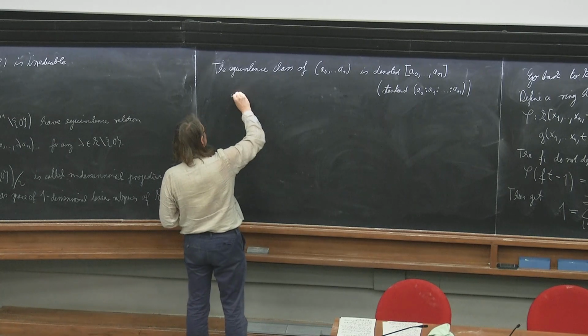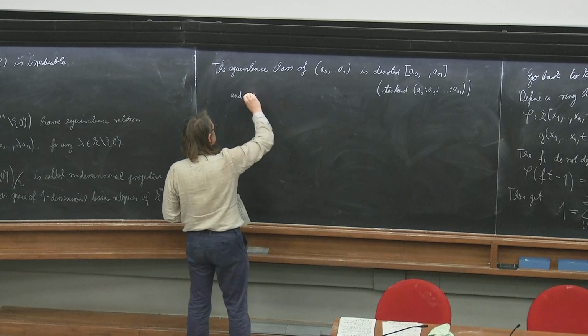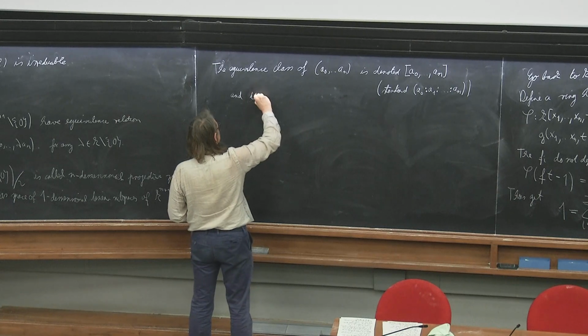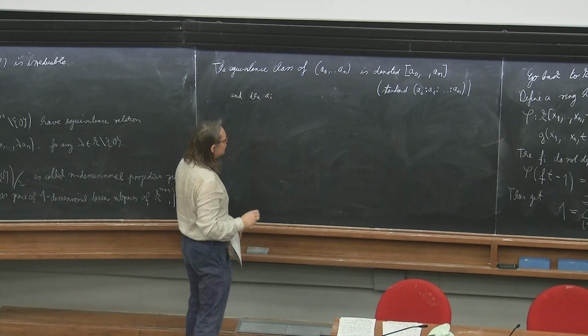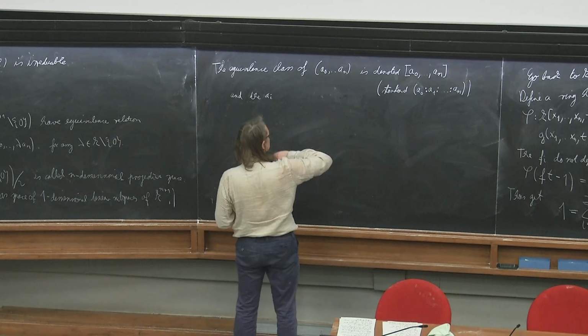And the Ai are called the homogeneous coordinates of this point here.